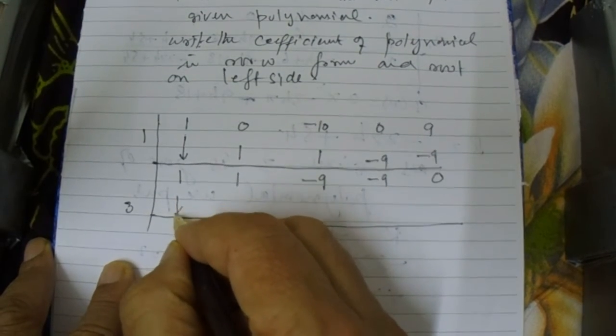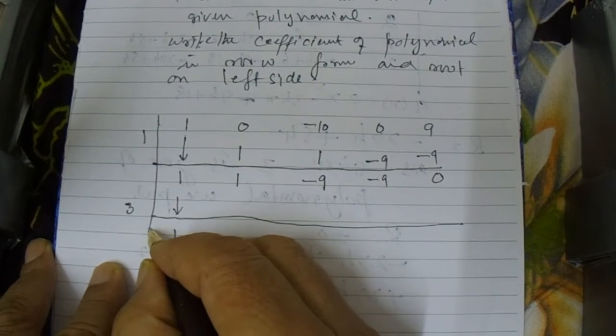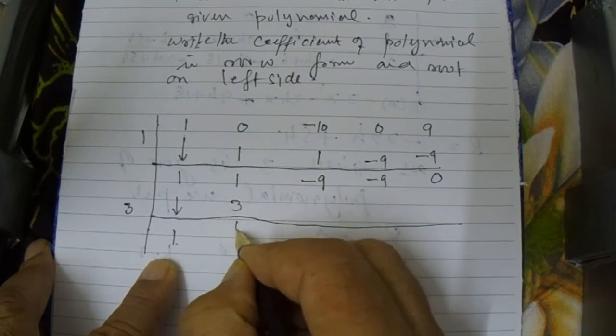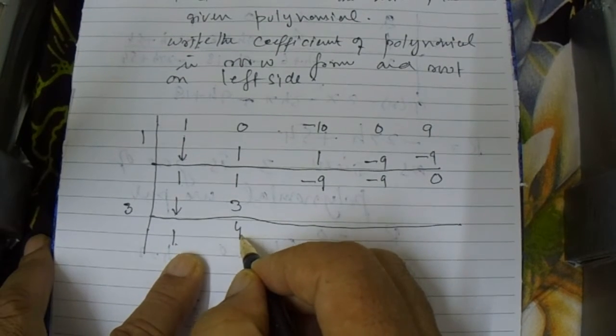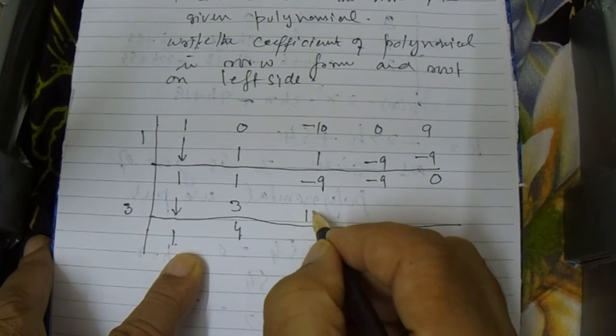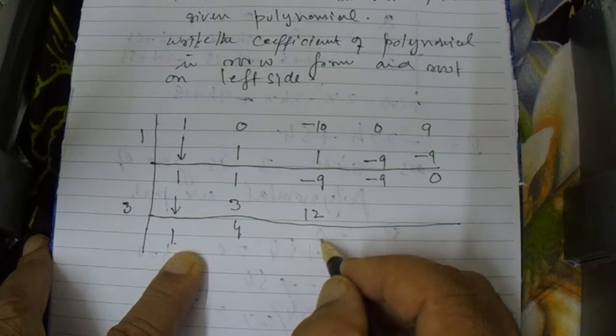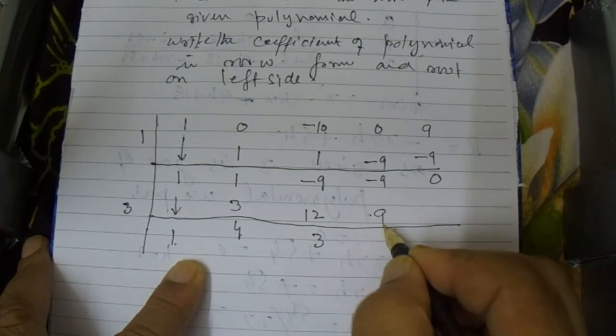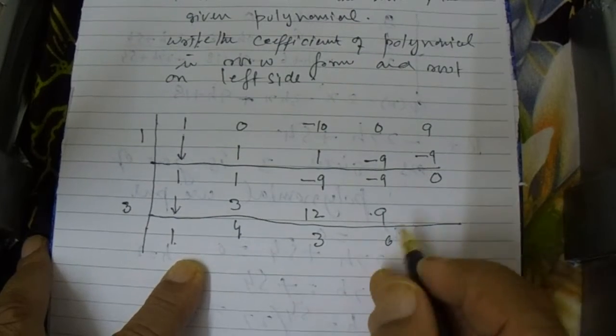Again this 1 here stays the same, and 3 multiplied by 1 is 3. We write here 4, and 4 multiplied by 3 is 12, we write here 12, and we get 3, and 3 threes are 9. Now we add this, and we get 0.